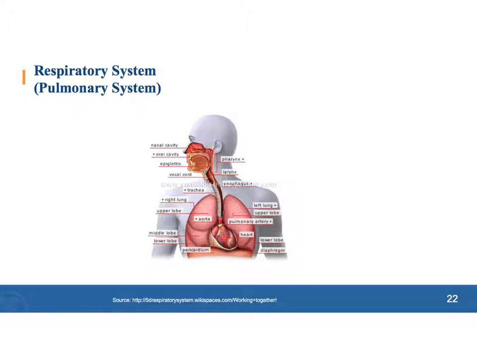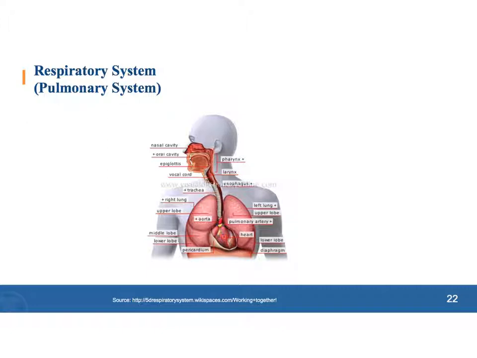The trachea, as it comes down and splits into two, the split where that occurs is called the carina. C-A-R-I-N-A. You have to know that. So the trachea, when it splits into two, that split is called the carina. It will split into right and left bronchi, and then the bronchi move on into the lungs.